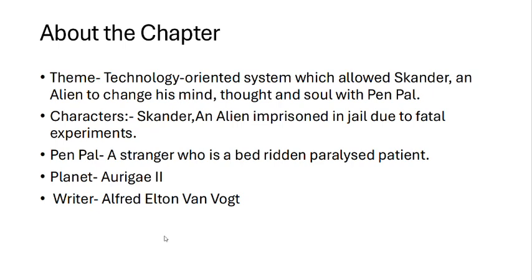Now, he was also a scientist and he used to perform the experiments. One of the most fatal experiments was performed on his own body. So the government of that place put Skander behind the bars.